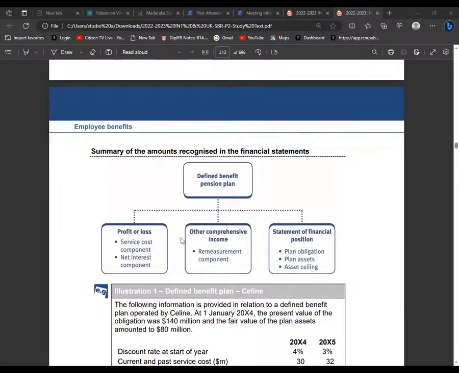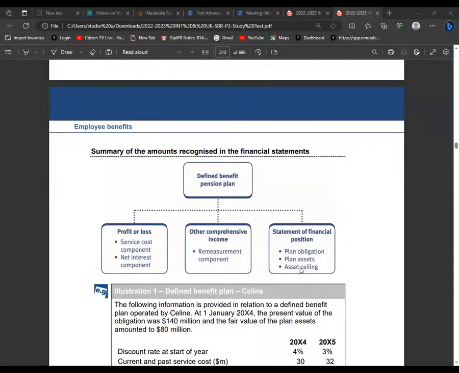For profit or loss, these are very important: you take the service cost component and the interest component. Then we have other comprehensive income, where you take the remeasurement component, which is the actual gain. Then we have the statement of financial position: the plan assets, the plan obligation, or the net of it, and then what we call the asset ceiling.